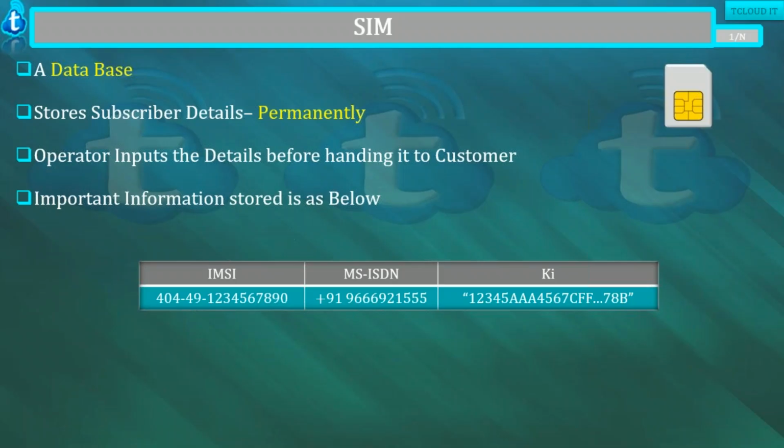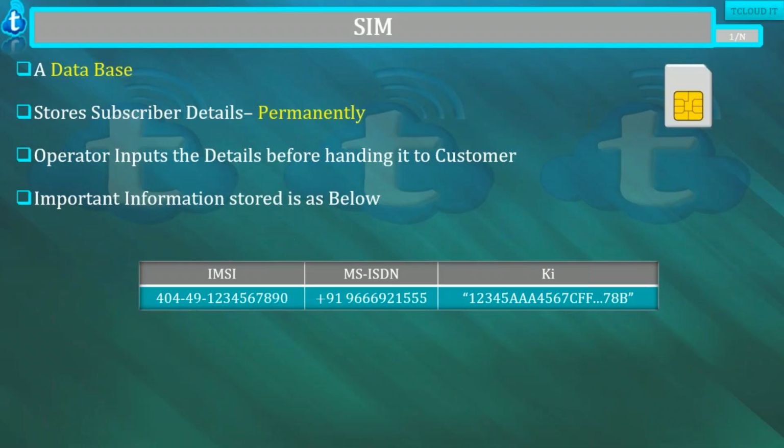So within the network, whenever the mobile is talking to network elements, instead of quoting the MSISDN number, your mobile would quote the IMSI number. Of course, on the network side also, there will be a linking between the IMSI number and MSISDN.